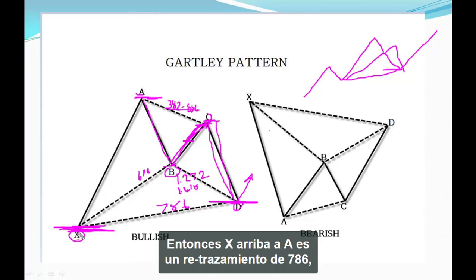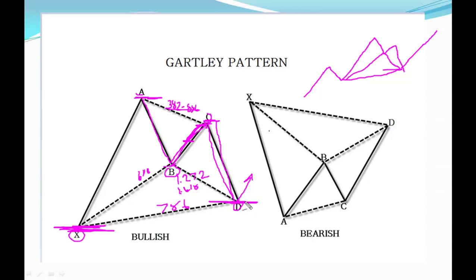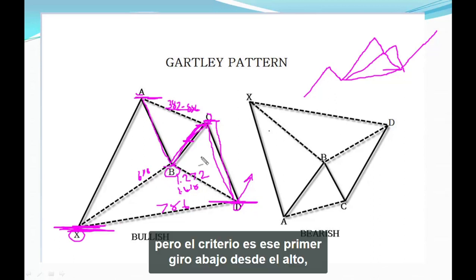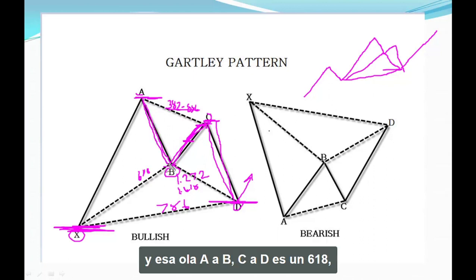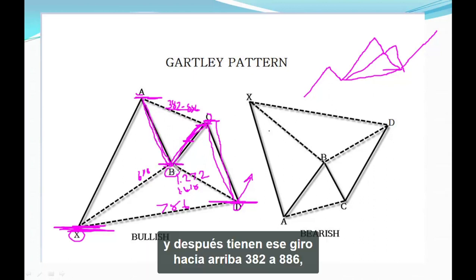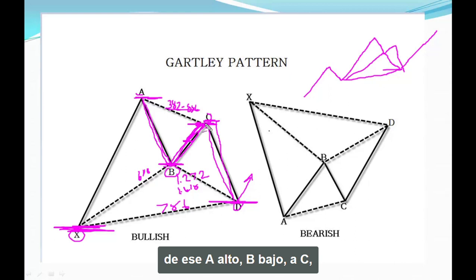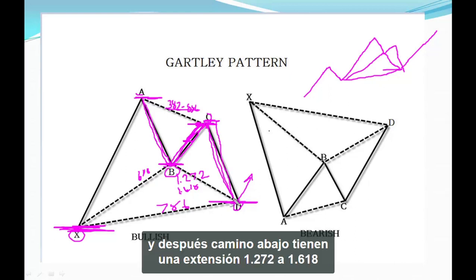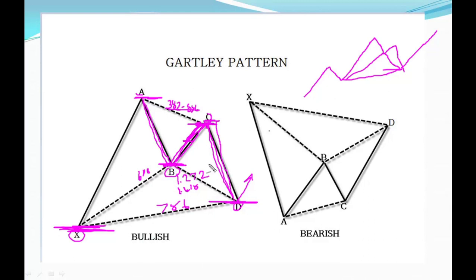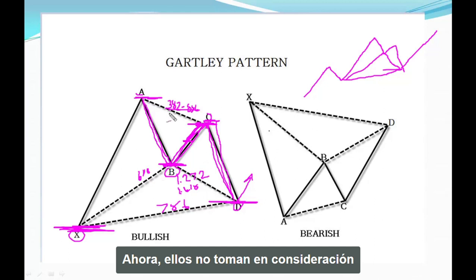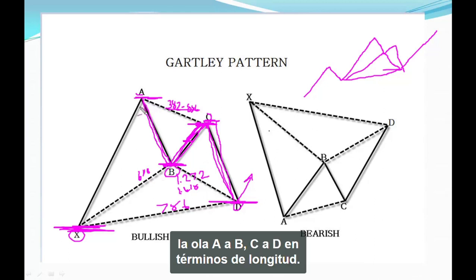So X up to A is a 786 retracement, but the criteria is that first swing down off the high, that A to B wave, is a 618. And then you have that 382 to 886 swing up from that A high, B low to C. And then on the way down, you have a 1272 to 1618 extension from B to C. Now, they don't take into consideration the A to B, C to D wave in terms of length.